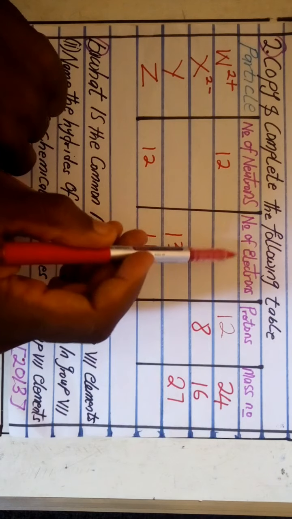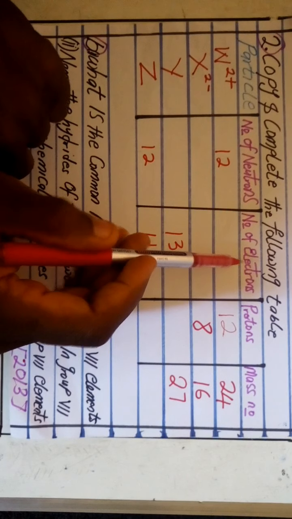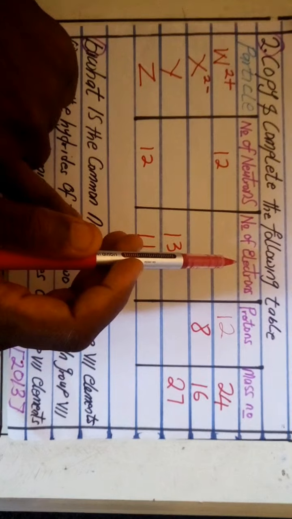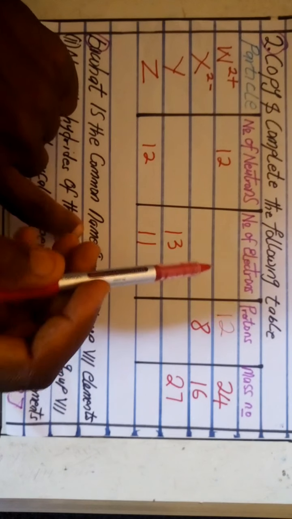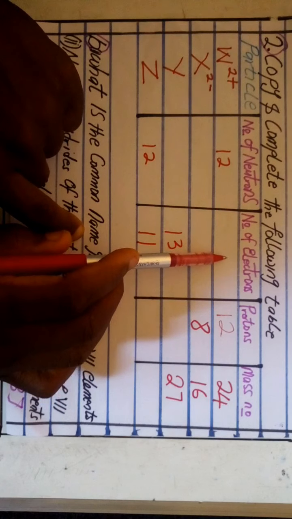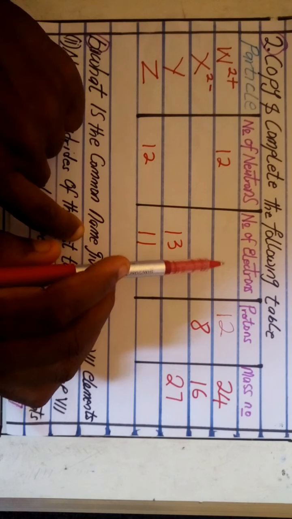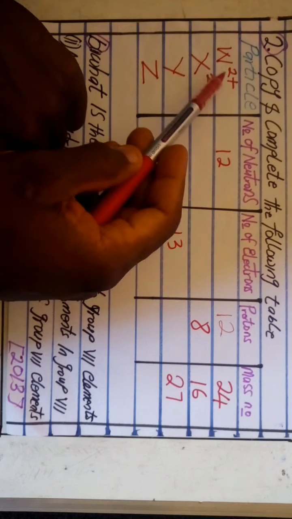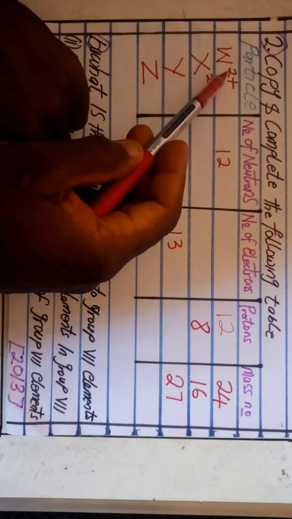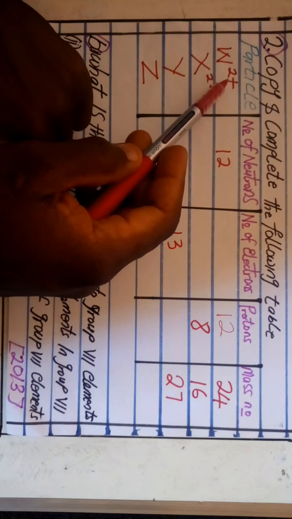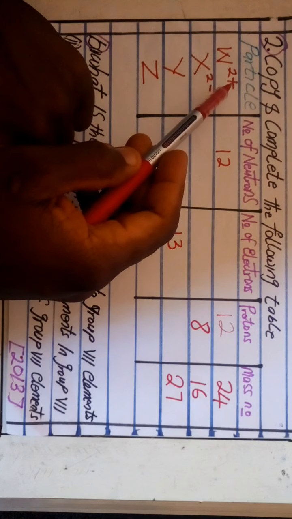Then for the number of electrons, you know this is not a neutral atom, so the electrons will not be the same as the protons. If it were a neutral atom, the number of electrons would also be 12. But since we're given 2+, it has lost 2 electrons.